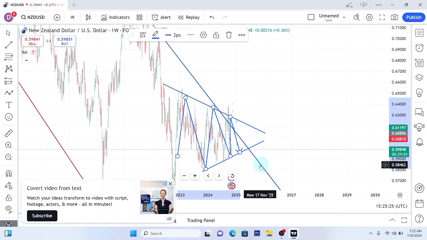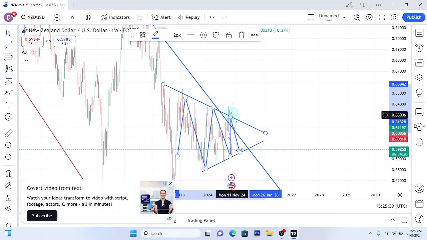Now, once we have known that the market is consolidating, we now have to mark the strong resistance and support zone, which are these ones already.